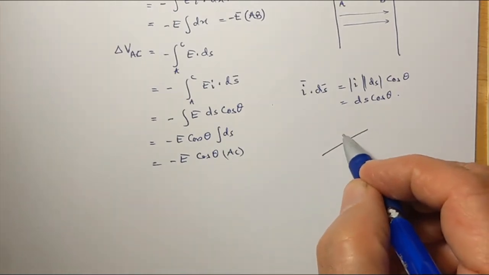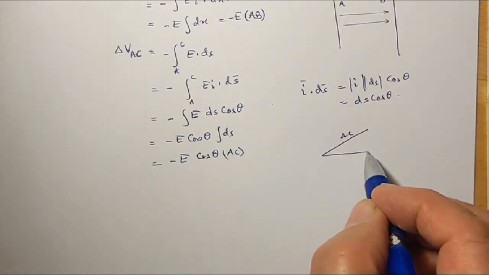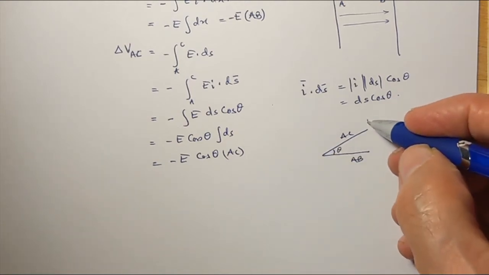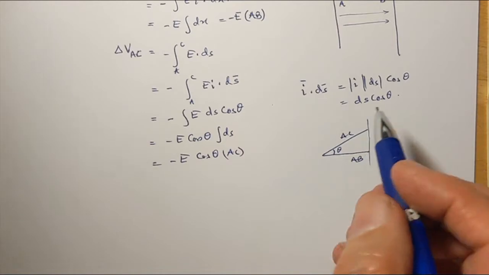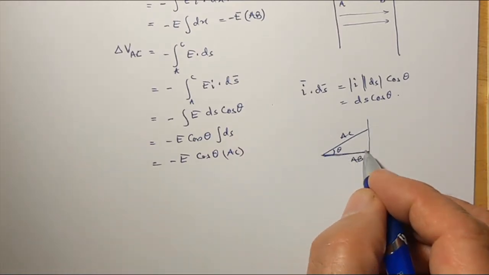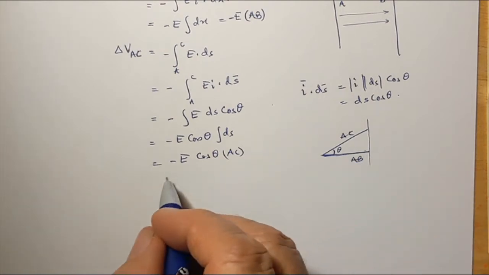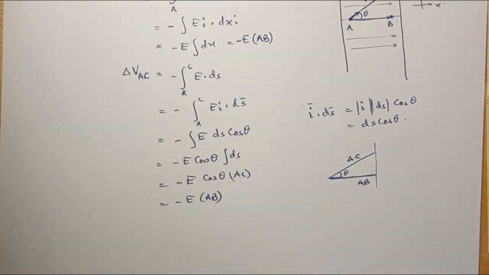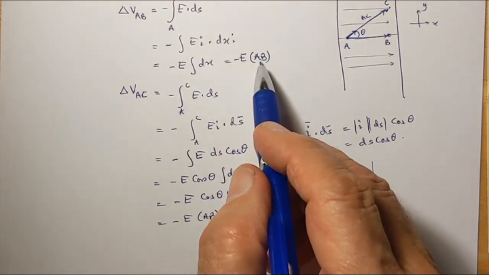So that's AC, and that's AB, that's theta. So AC cos theta is going to be the same as AB. So it's going to be minus E times AB. So we have exactly the same thing that we had before.